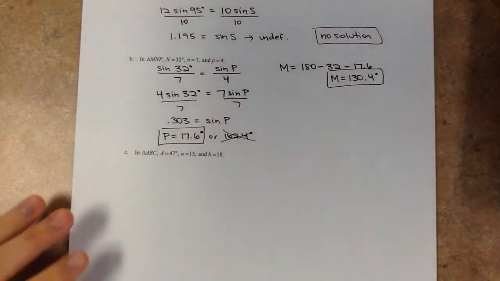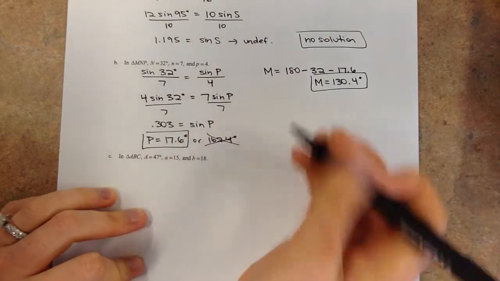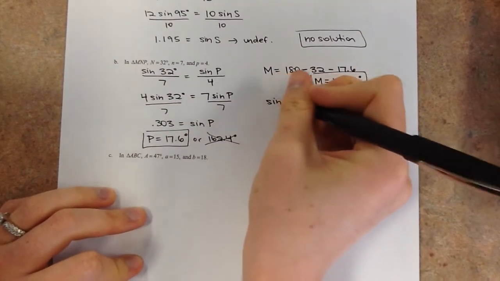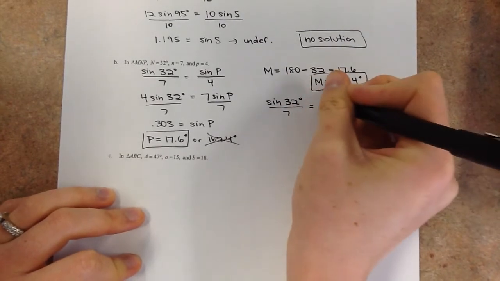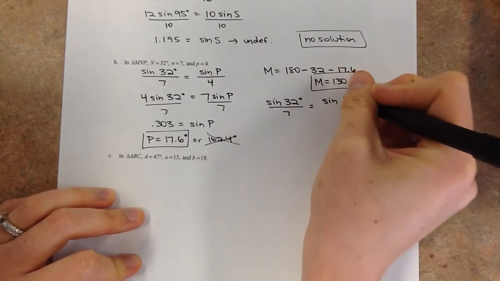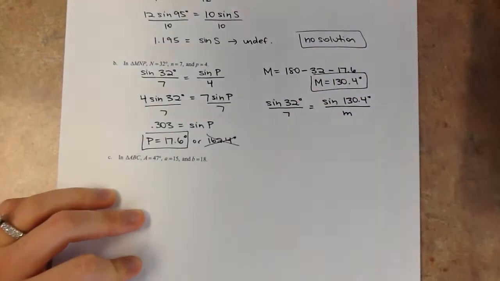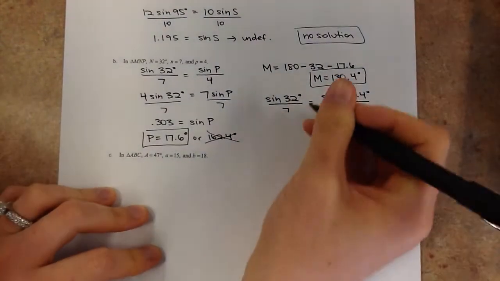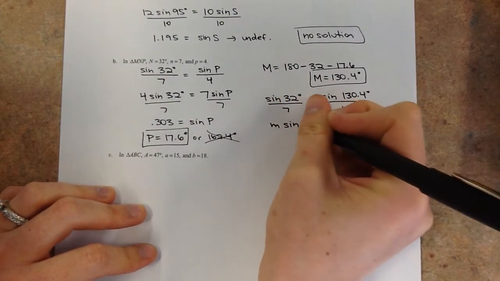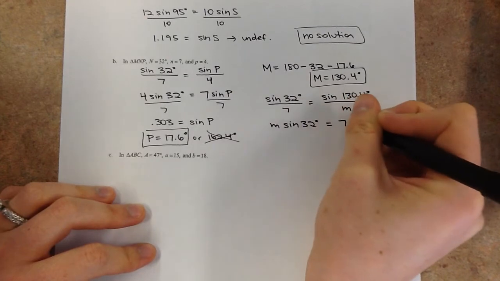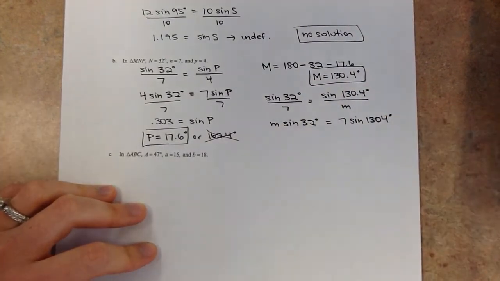And then finally we are going to solve for little m. We solve for little m by setting up basically this equation, but with m's instead of p's. So sine of capital N over little n equals the sine of capital M over little m. And now we can solve for m. Cross multiply here, we get m times the sine of 32 degrees equals 7 times the sine of 130.4 degrees.